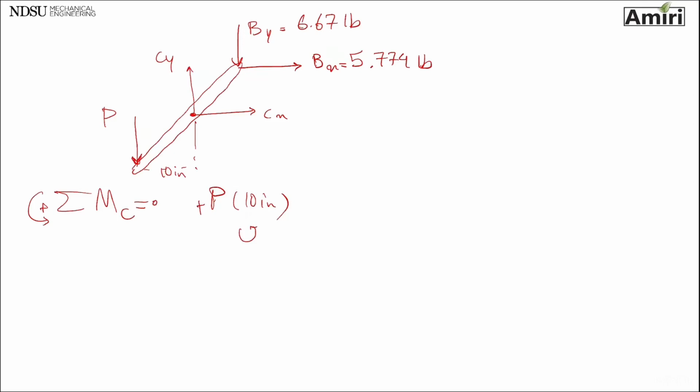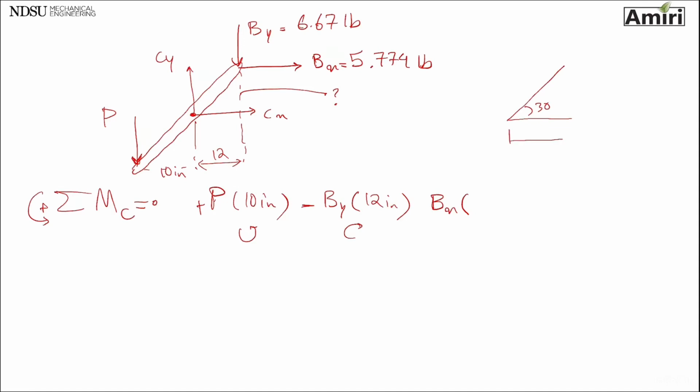By at a distance of 12 inches, the problem has given us this distance as well, and that one is trying to rotate the beam this way, so that's minus. Bx at a distance of, we have to find this distance. Okay, let me see. This angle is given, 30. This length is given to be 12 inches. And this is what I'm looking for.